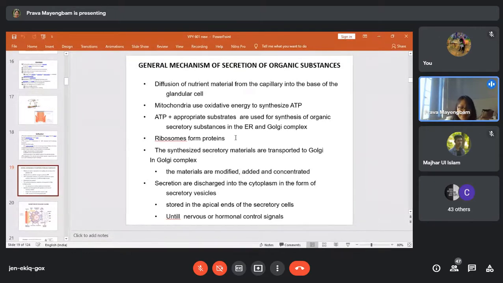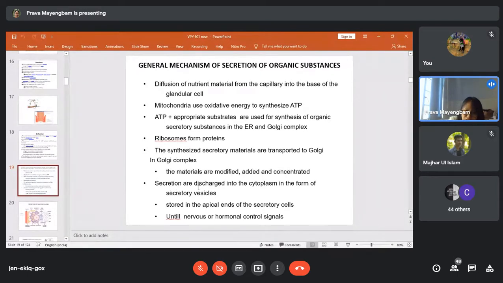So simply, there is diffusion of the nutrients, and the organelles perform their activities. In the Golgi complex, those materials will be modified, certain other chemical substances will also be added, and they will become concentrated. These secretions will be released from the Golgi complex.